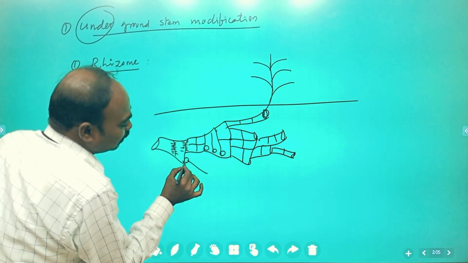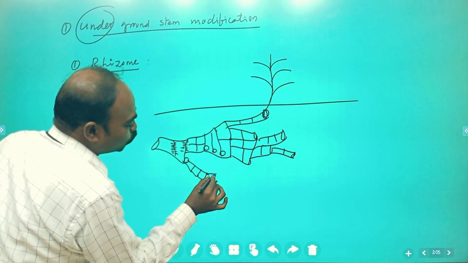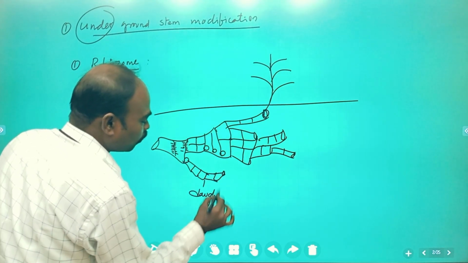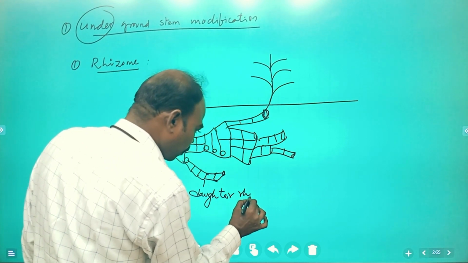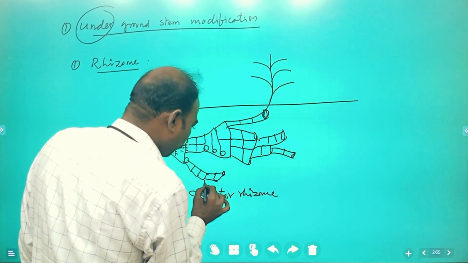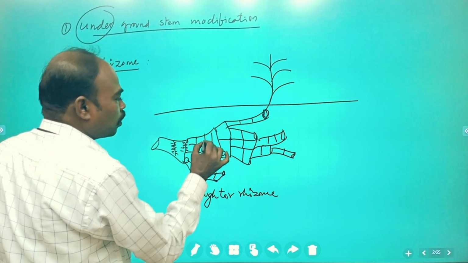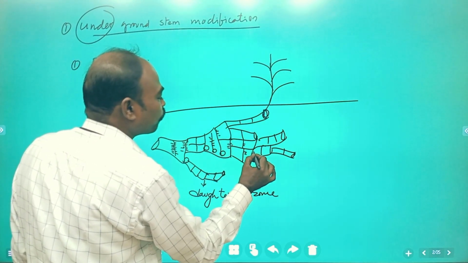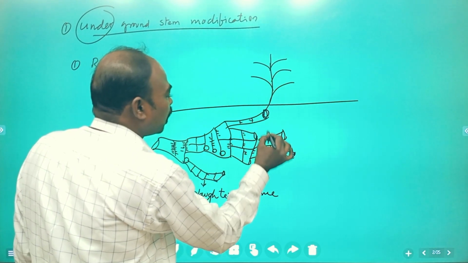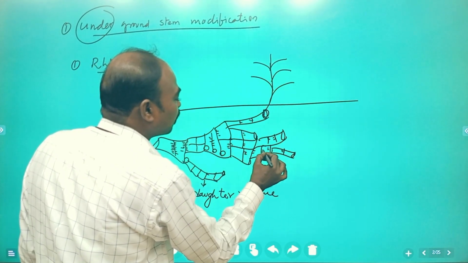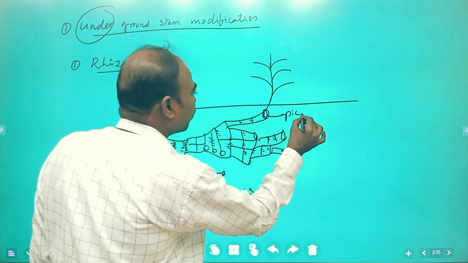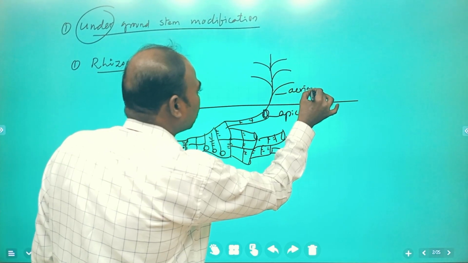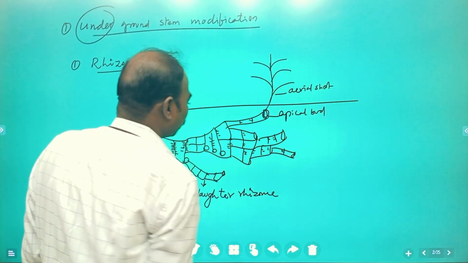From the axillary buds, the daughter rhizomes are produced. So each and every node has scale leaves, and the apex of the underground stem has an apical bud which produces aerial shoot branches.